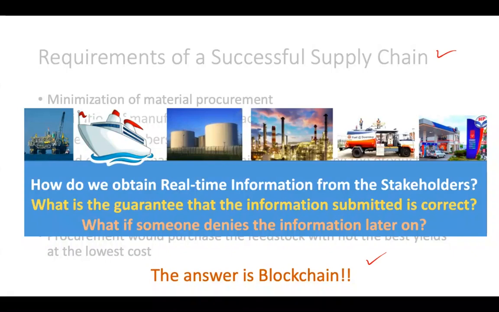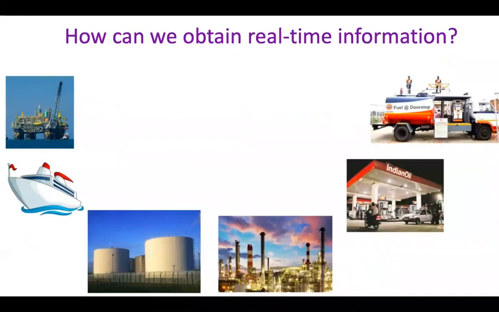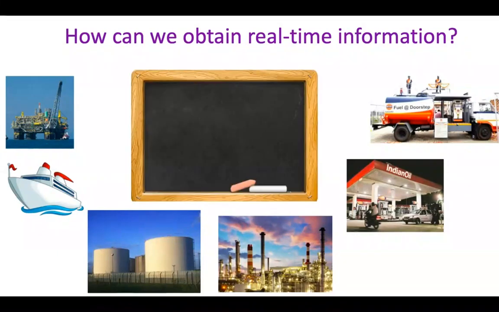The answer is blockchain. So how? If the answer is blockchain, then how can we obtain real-time information from each of these entities in the network? Correct? So for that, everyone will maintain an information board we call the public bulletin board.